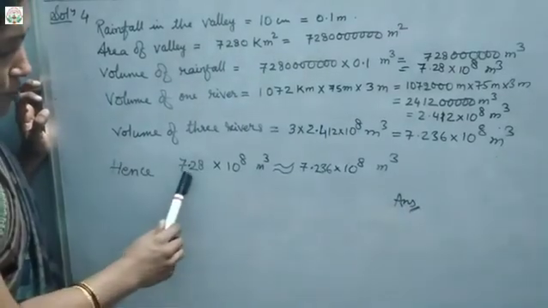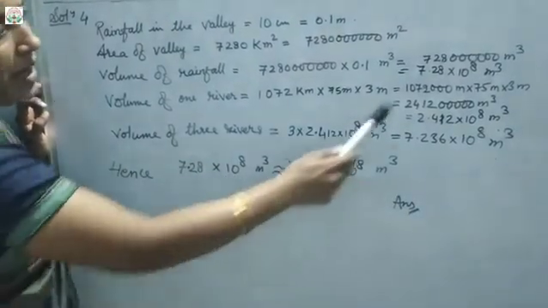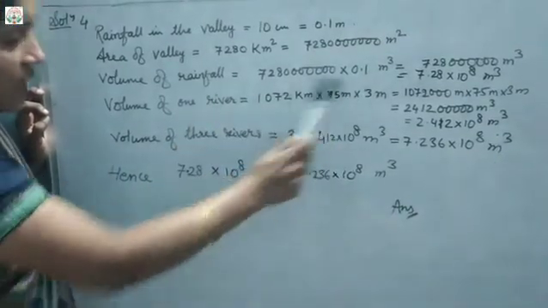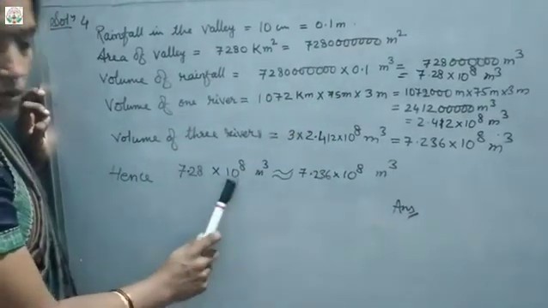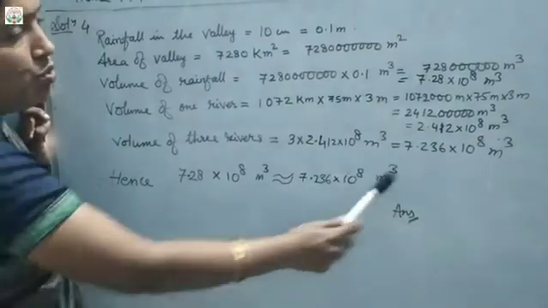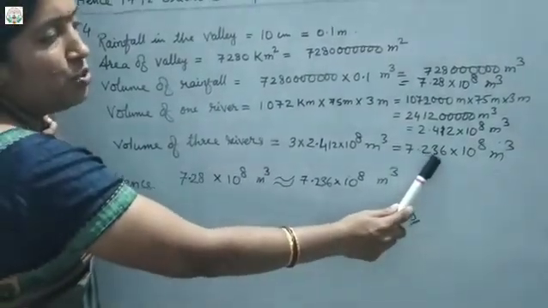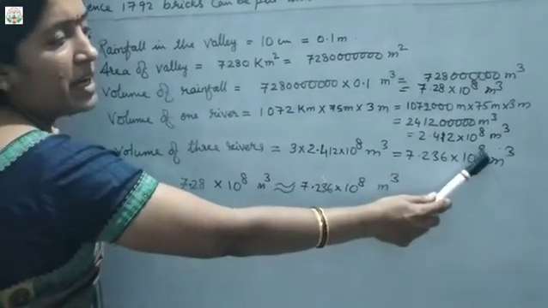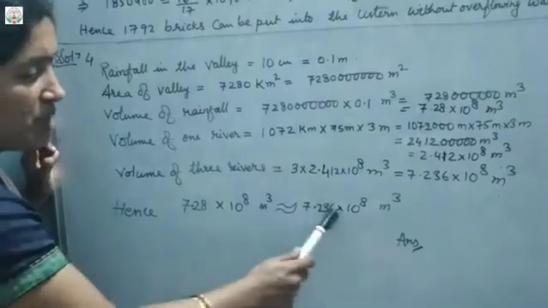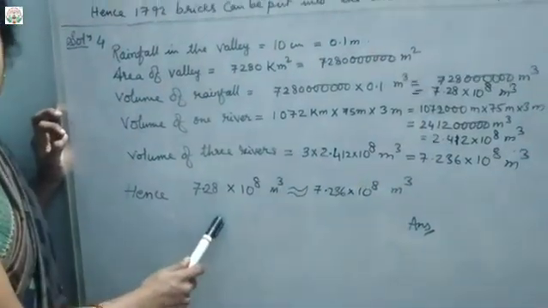Hence 7.28 into 10 to the power 8 cubic meter, the volume of the rainfall, is similar to 7.236 into 10 to the power 8 cubic meter, which is the volume of 3 rivers. So approximately they are equal.